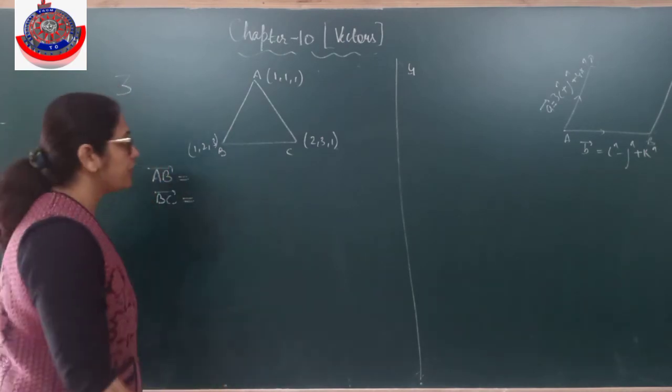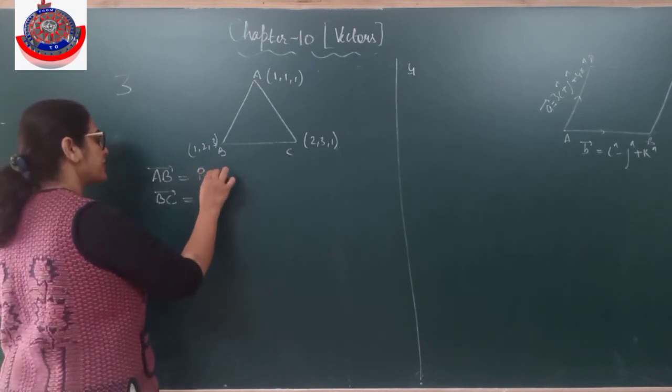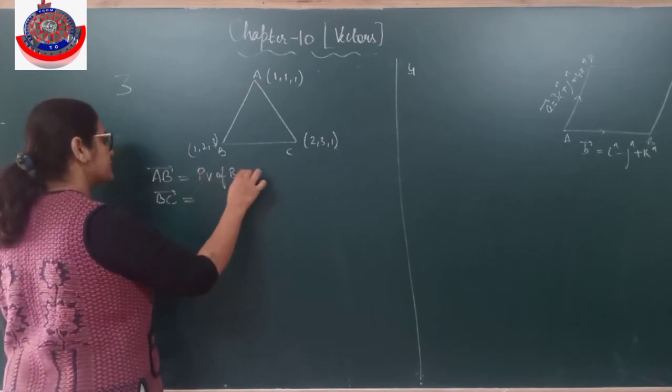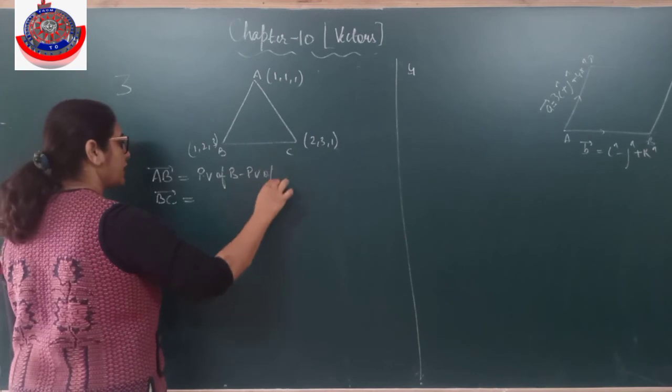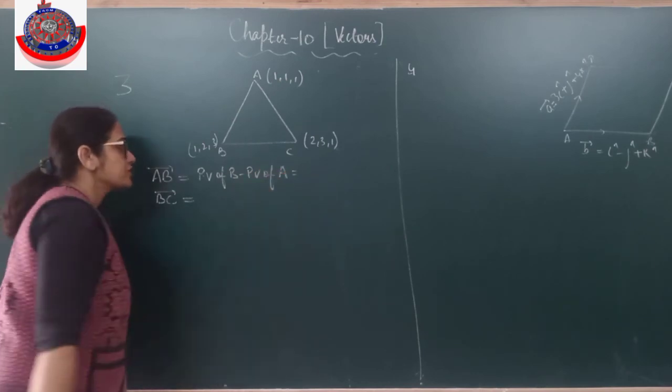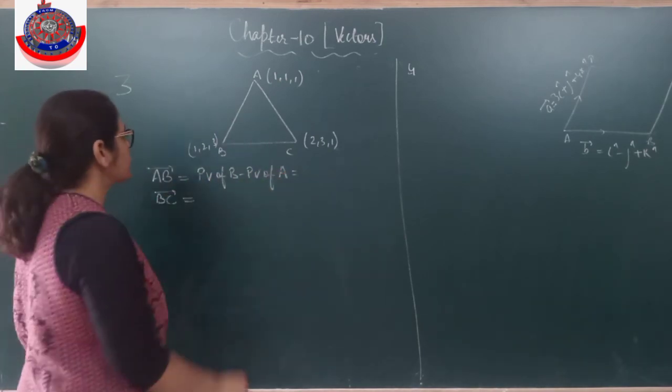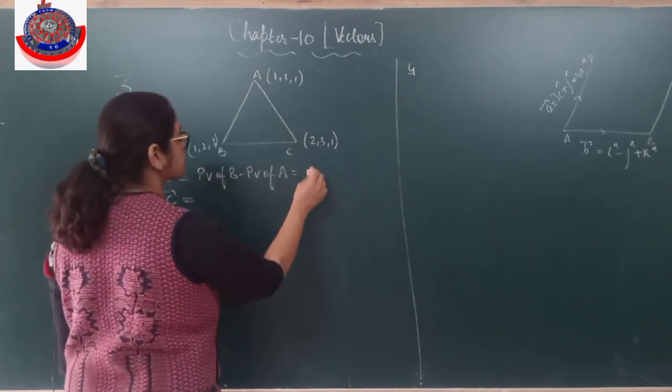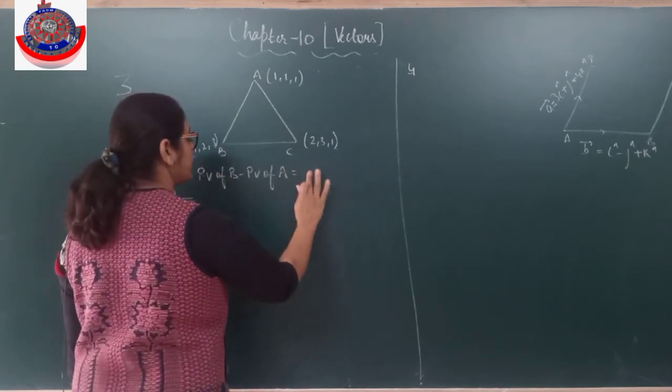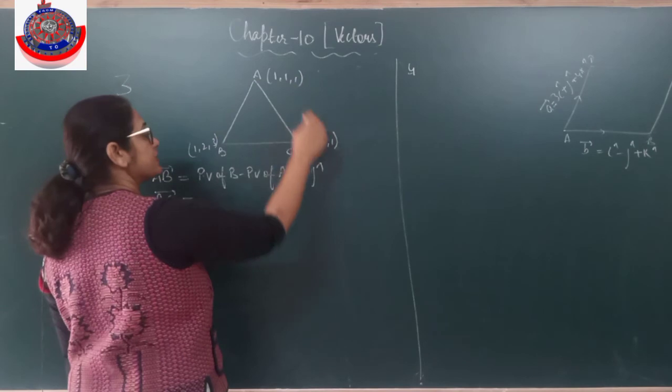I hope you remember AB कैसे निकालेंगे? Position vector of B minus position vector of A. So what it will be? 1 minus 1 0, 2 minus 1 into J cap, 3 minus 1.